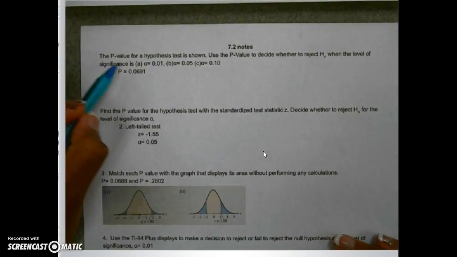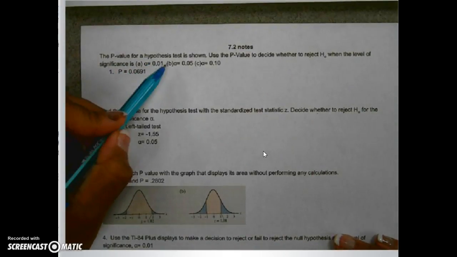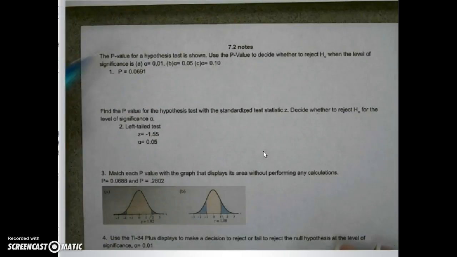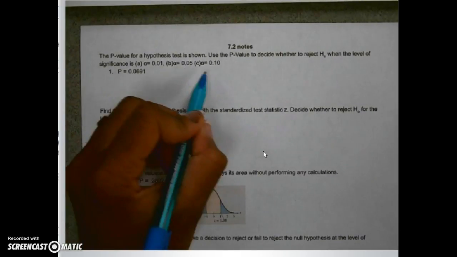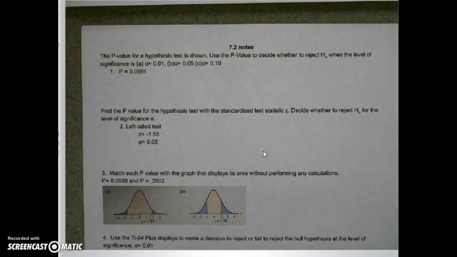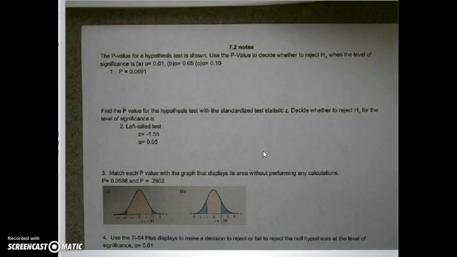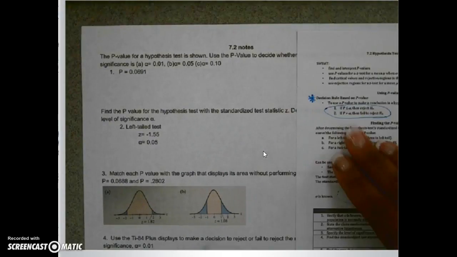for our notes here, we have the p-value for a hypothesis test. Use the p-value to decide whether to reject the null hypothesis when the level of significance is A, 0.01, 0.05, or 0.10. So one of the things that I had you highlight or underline from your previous one was this statement right here.